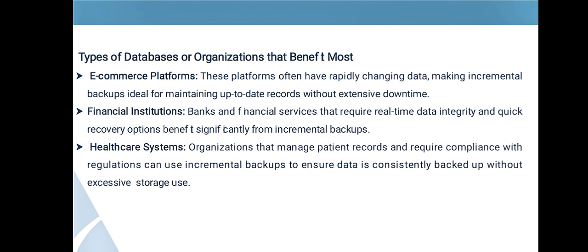Banks and financial services that require real-time data integrity and quick recovery options benefit significantly from incremental backups. Next is healthcare systems. Organizations that manage patient records and require compliance with regulations use incremental backups to ensure data is consistently backed up without excessive storage use. So those are the types of databases or organizations that benefit the most.